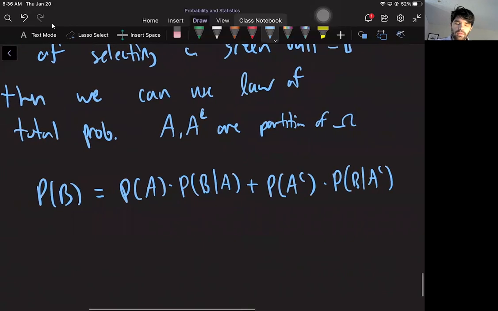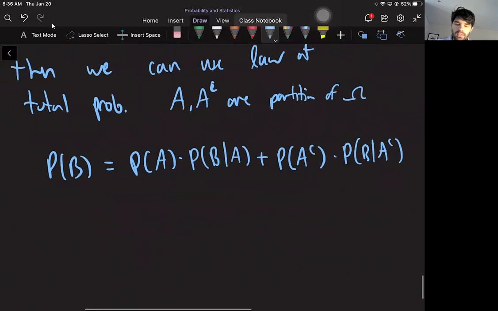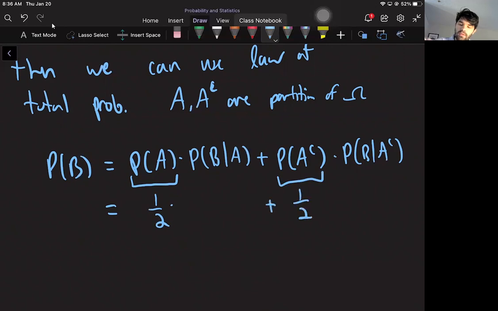That's why in this example there's only 2 things to add together. Okay, but we have all of these. The probability of picking bucket 2 is 1/2, and the probability of picking bucket 1 is 1/2.